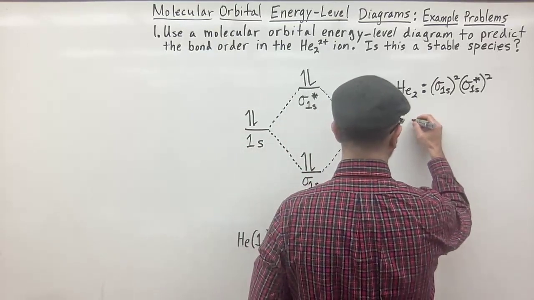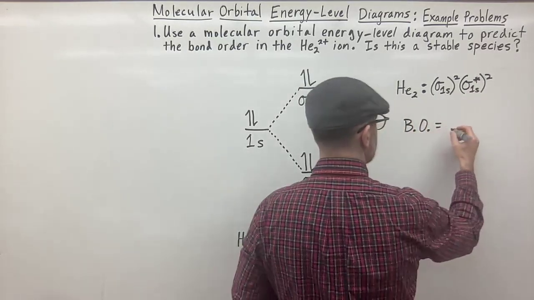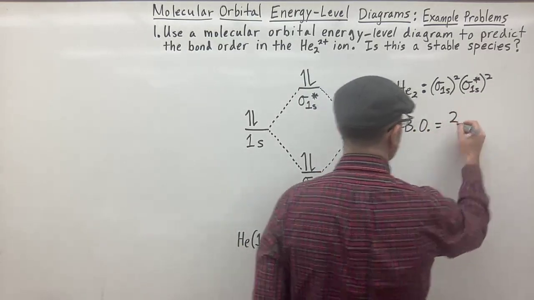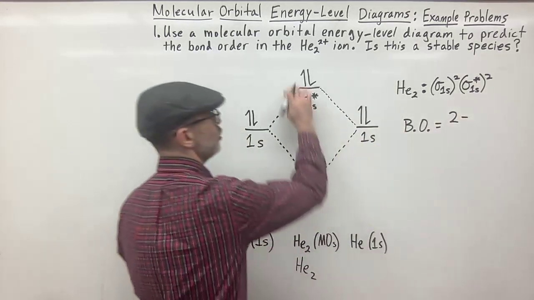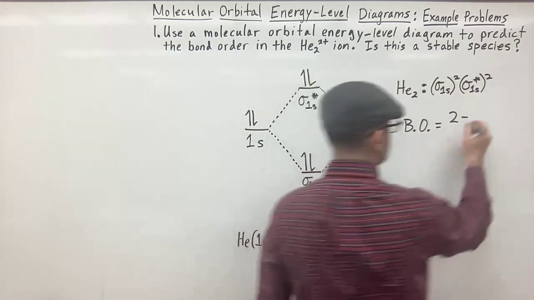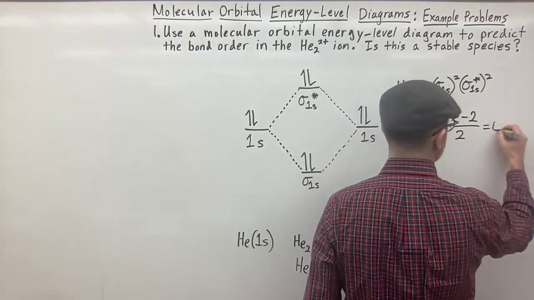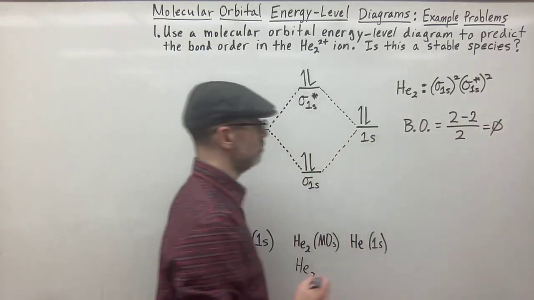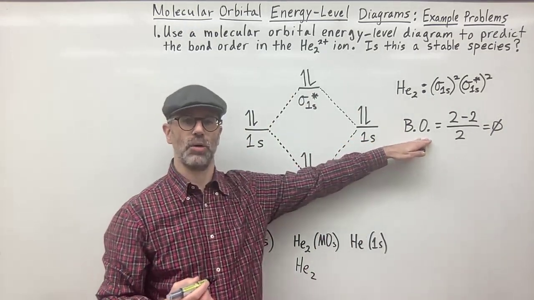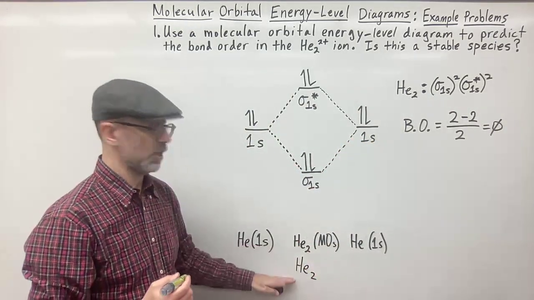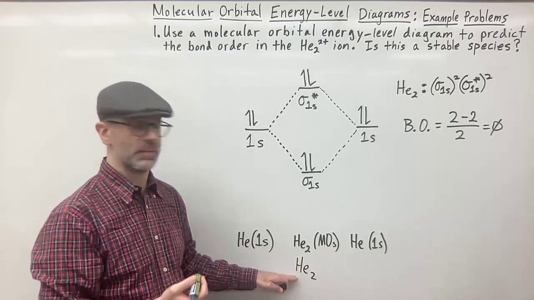So here the bond order is equal to 2 bonding electrons minus 2 anti-bonding electrons, divided by 2, which gives us 0. So the bond order is 0. This means no bond is going to form. This is not a possible species. It's not stable. It's not going to come together.